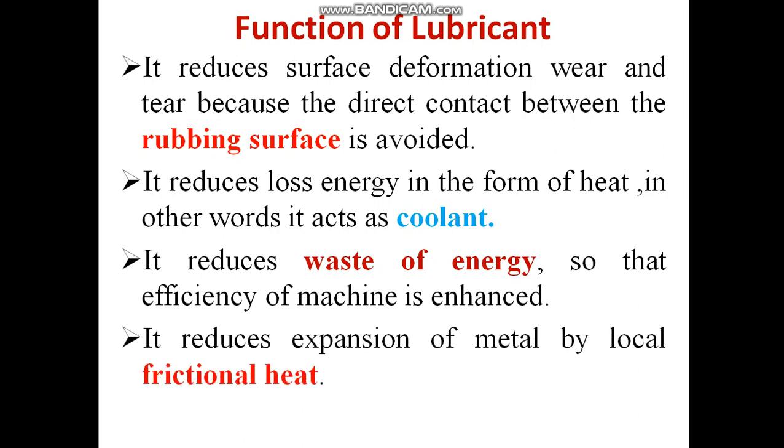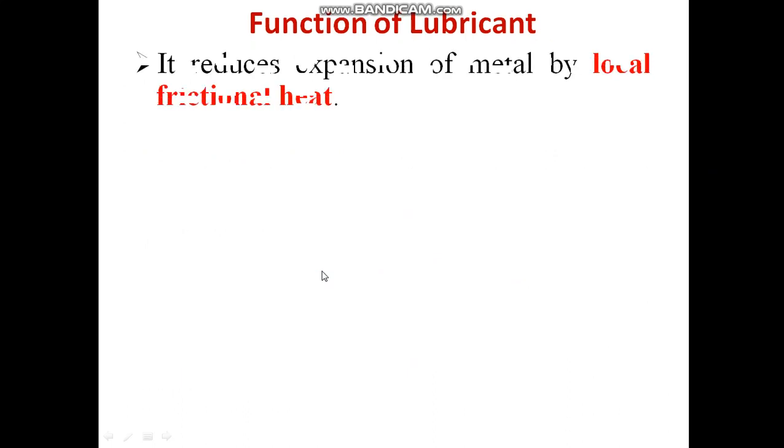It reduces the expansion of the metal by local frictional heat. If the lubricant is there, the sliding part will not get heated, due to which there will not be any expansion. Whatever heat is produced in between them, it reduces that expansion.